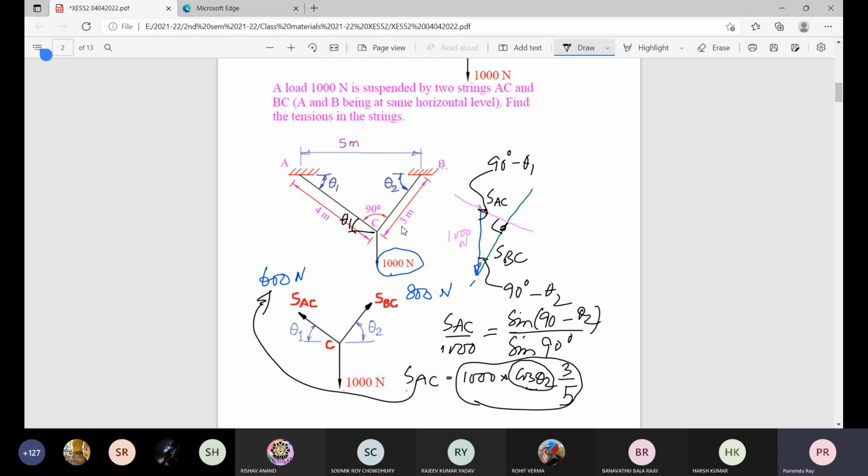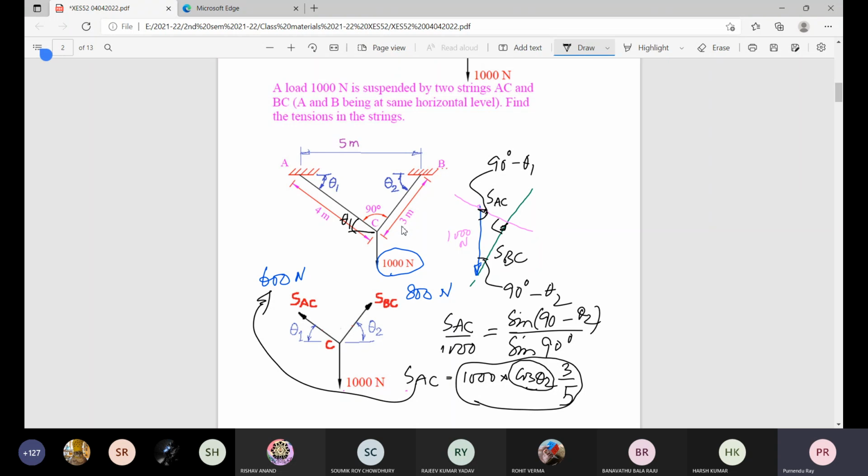Internal angles will be 90 minus theta 1, 90 minus theta 2. And the ratio will be that simple sine rule: A by sine A is equal to B by sine B is equal to C by sine C from your school fundamental trigonometry. So we write that information and simply replace cosine theta 2 in terms of 3/5.